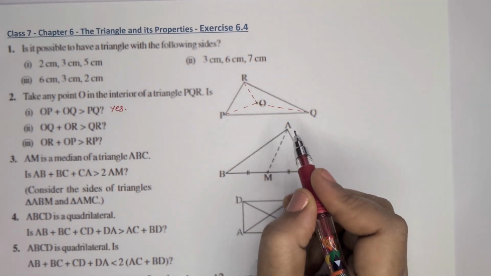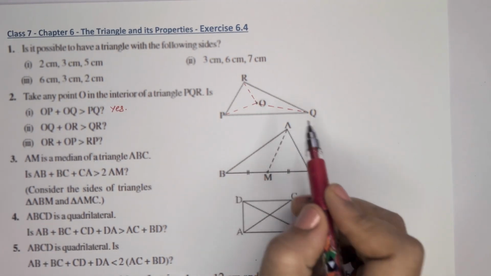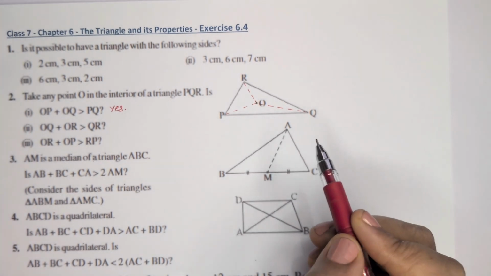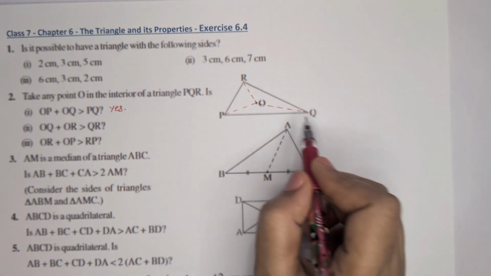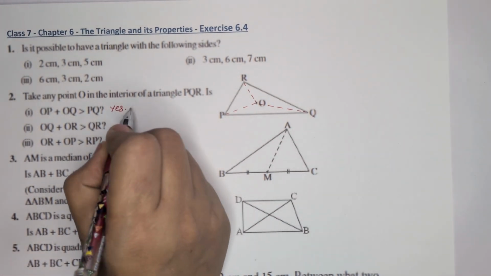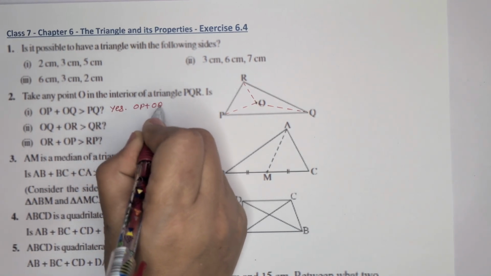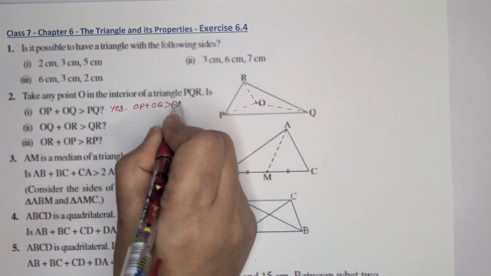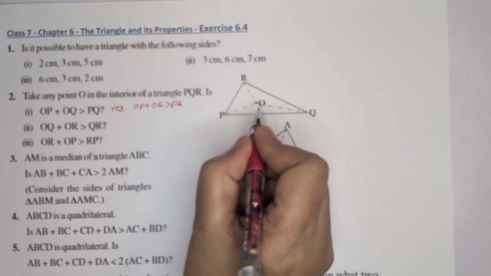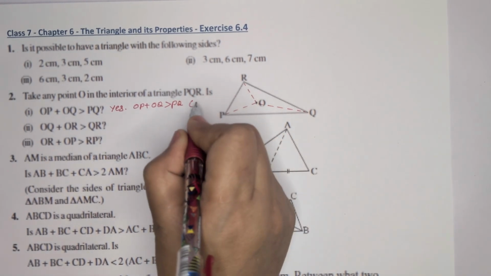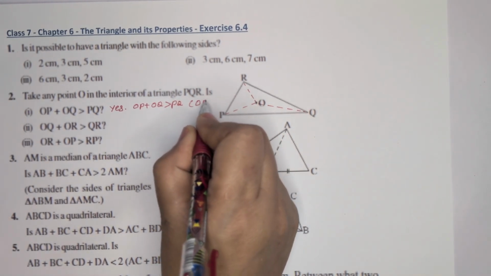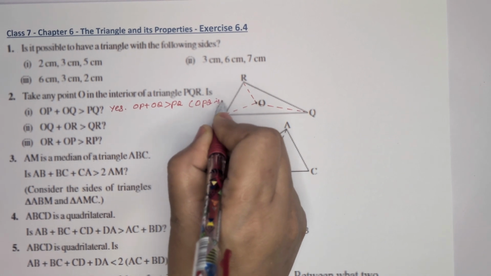To form a triangle, if the sum of two sides is greater than the third side, then only we can draw the triangle. This is the form of a triangle. So we can write here OP plus OQ is greater than PQ. The reason is that OPQ is a triangle.